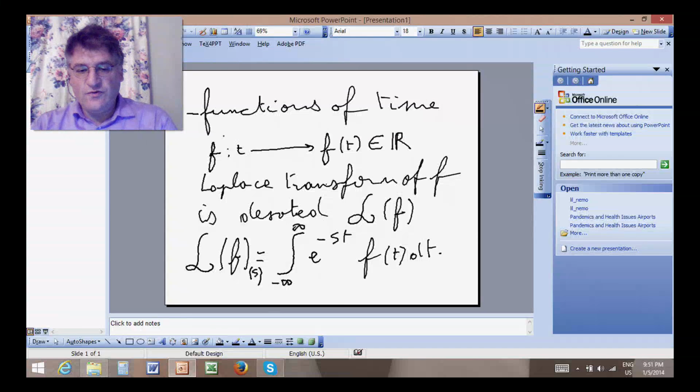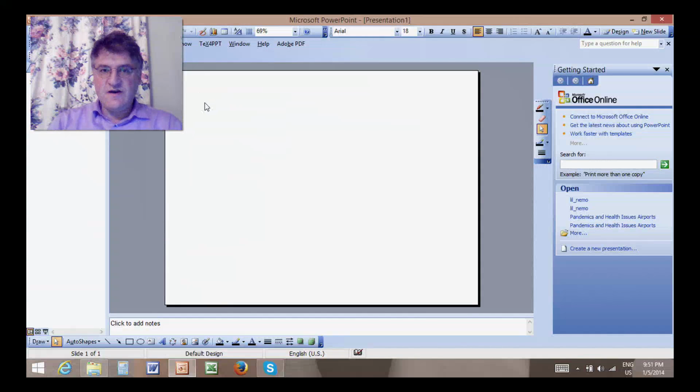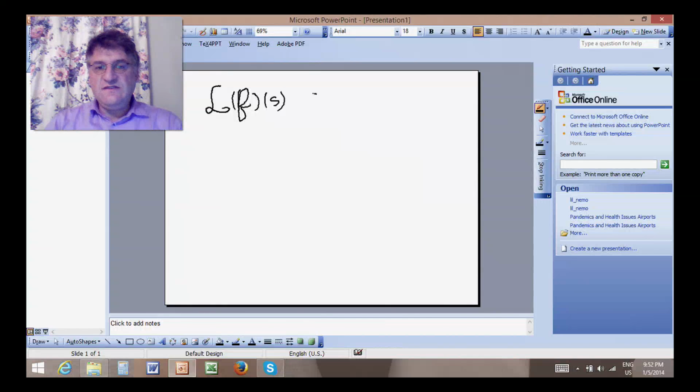If we are to look at the Laplace transform further, then we can say that the Laplace transform of f of s is a complex number.